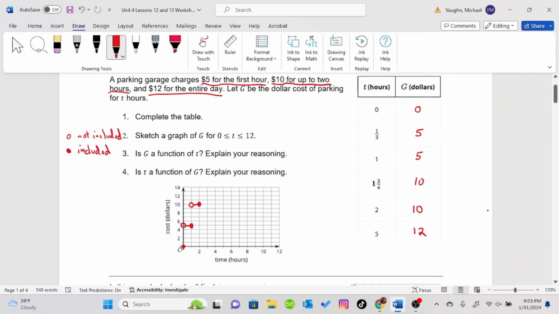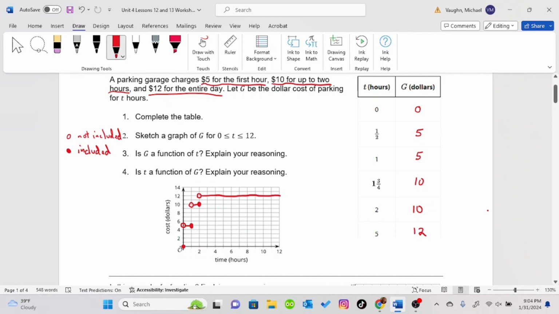And our last category was $12 for the entire day. So we'll go up to $12 and we'll put a hollow point, and then we will draw a line that goes all the way across the rest of the hours.